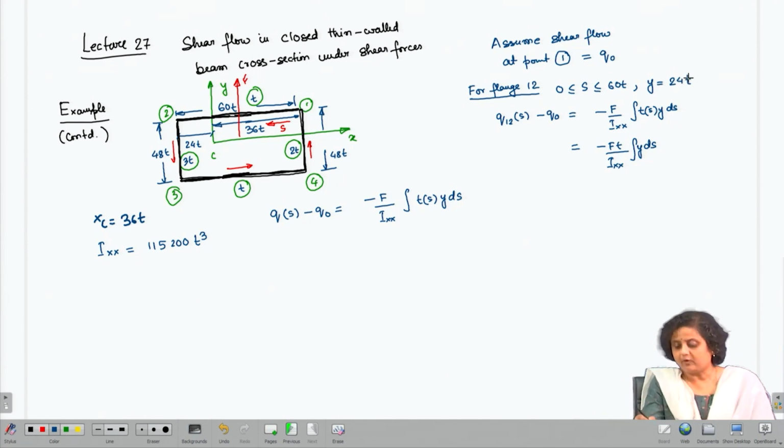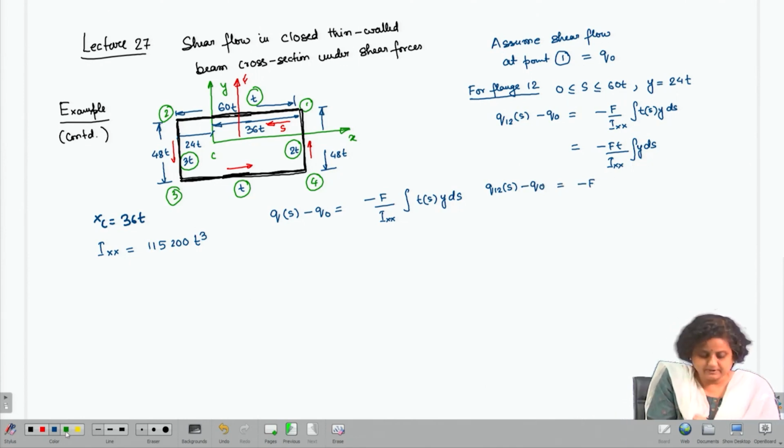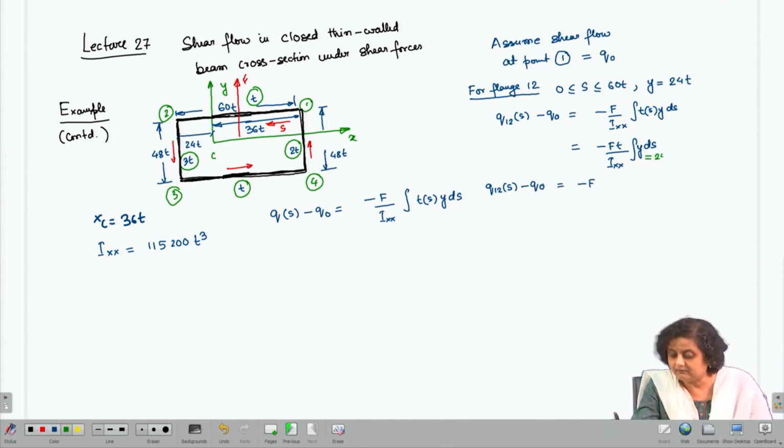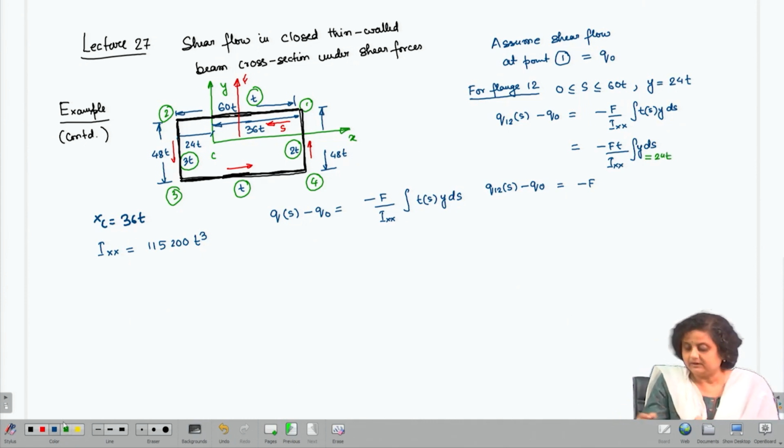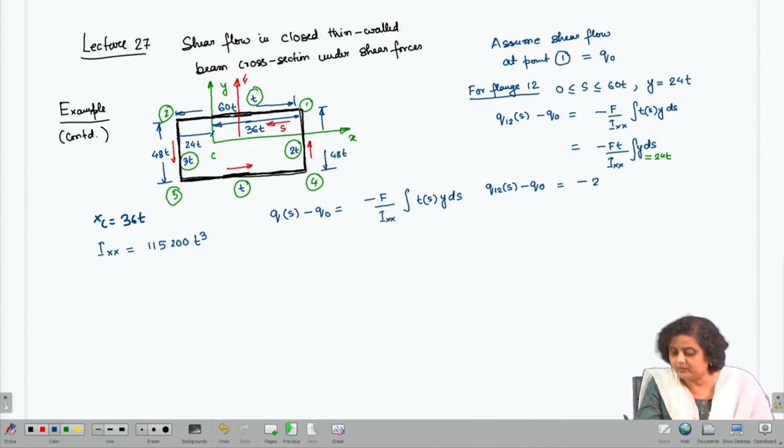Therefore, Q12S minus Q0 is going to be minus F into 24T times t, that is, minus 24 F t square by Ixx into ds.